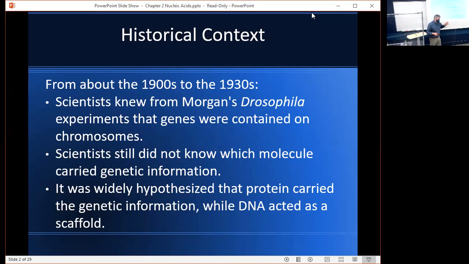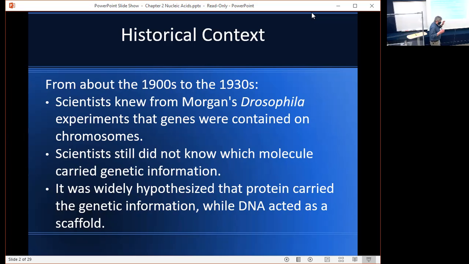Right around that time, 1901, Sutton is studying meiosis, and he sees that one sister chromatid from a pair of sister chromatids goes into gametes, and that is entirely consistent with Mendel's first law. So it confirms Mendel's work. A little bit later, we have Thomas Hunt Morgan.